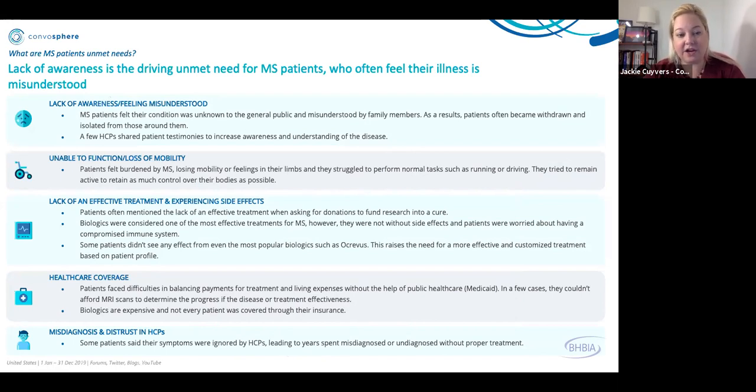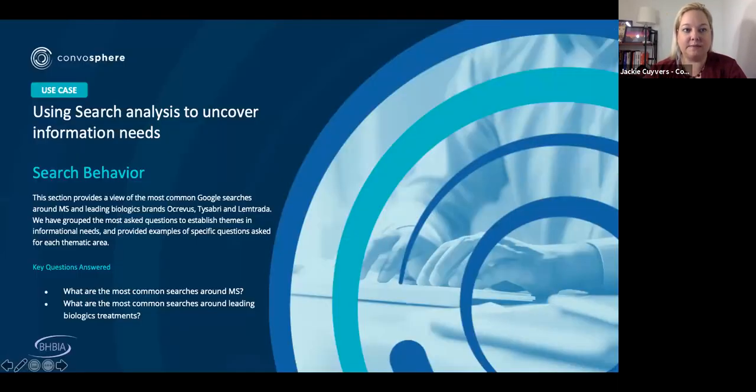In the US, healthcare coverage is an issue, and then misdiagnosis and distrust in HCPs. All of these things can be illustrated by example verbatims, but altogether, these are the key drivers of unmet needs.